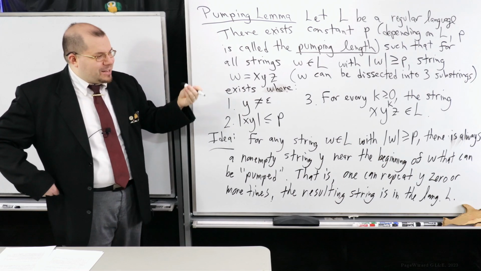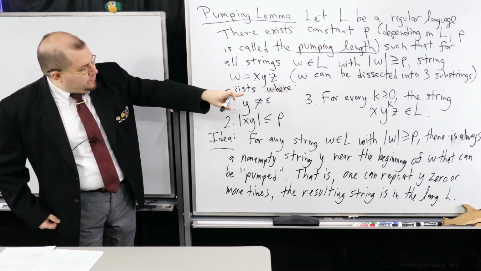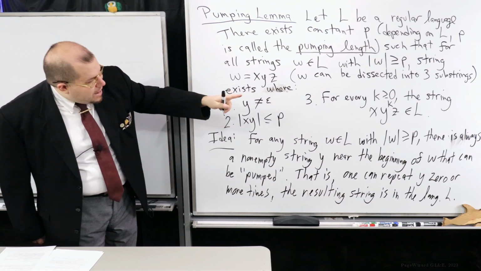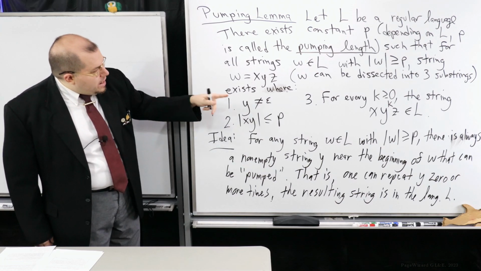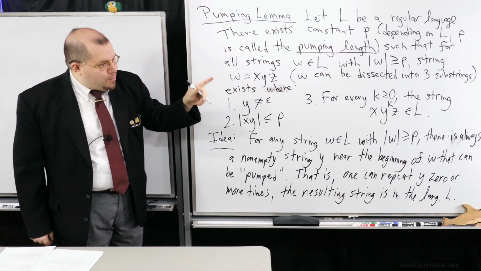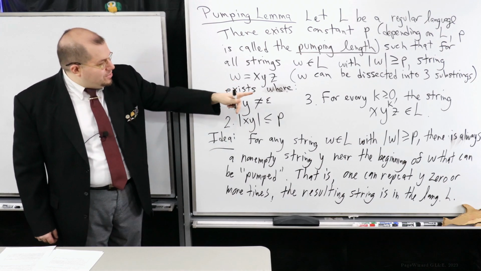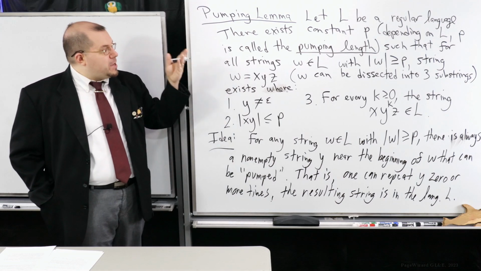So for different k's, for example, xz would be in that language, xyz is in the language, xyyz is in the language, xyyyz is in the language, and so on for that third property. So we're going to be proving the pumping lemma next.